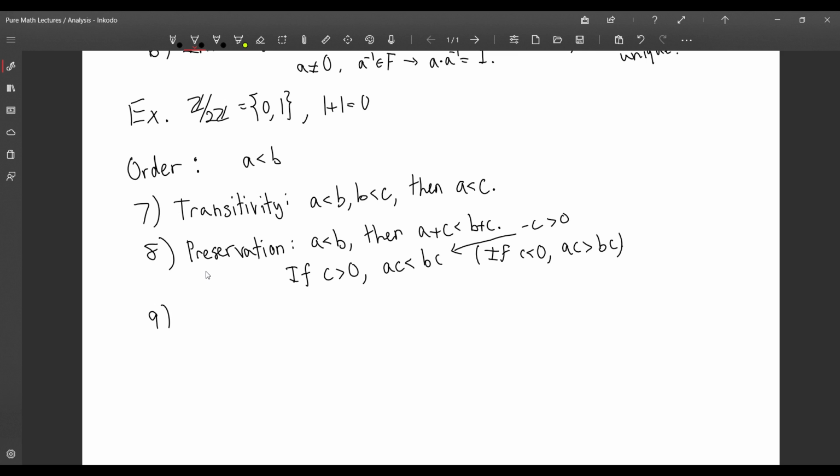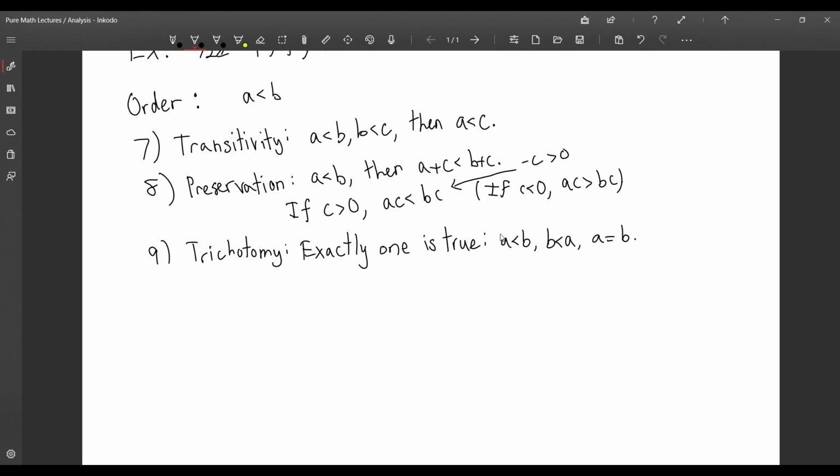The next thing is called trichotomy, which says that exactly one is true for any A and B that you pick. Either A is less than B, B is less than A, or A equals B. So if I take any two elements, they have to satisfy one of these properties and only one of these properties.